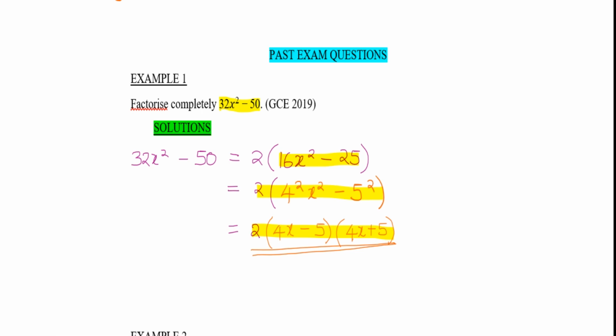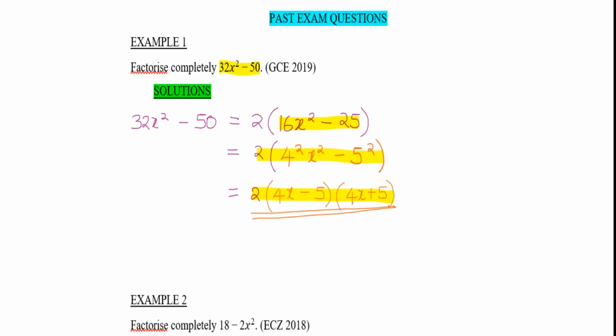You can go to example 2. Example 2 equally is saying factorize completely. It came from the ECZ paper 1 of 2018. So we can make out this one as follows.